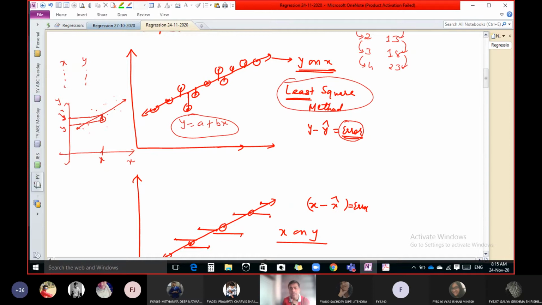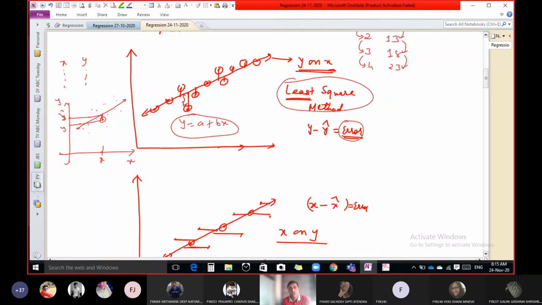In the regression line of y on x, we have to find the vertical difference. Sorry, y is the vertical and x is the horizontal axis, so y is on the y axis, that means the vertical line.